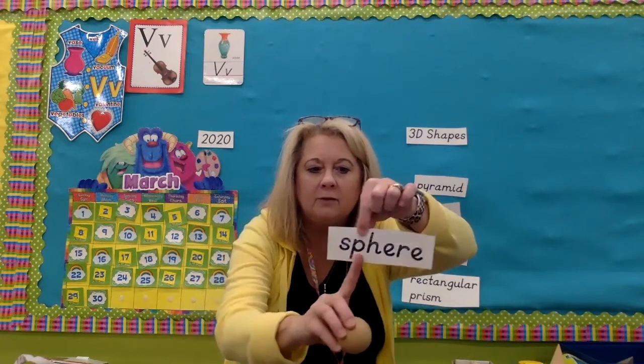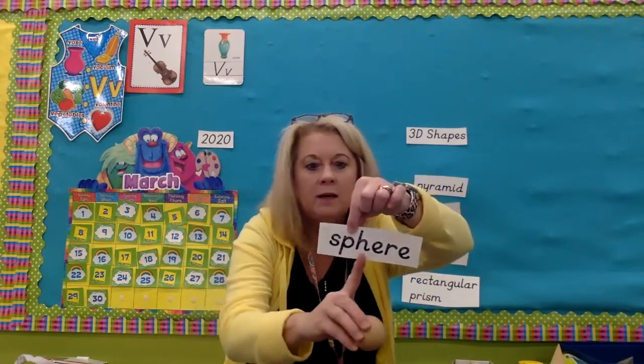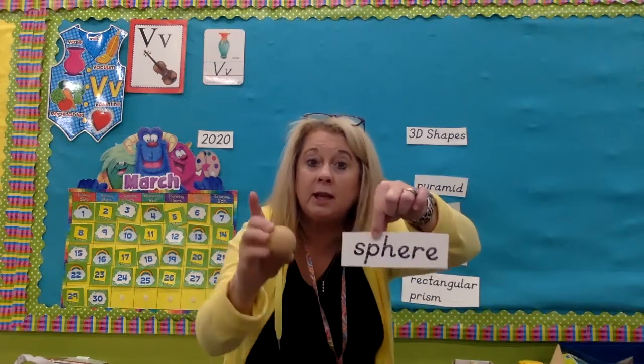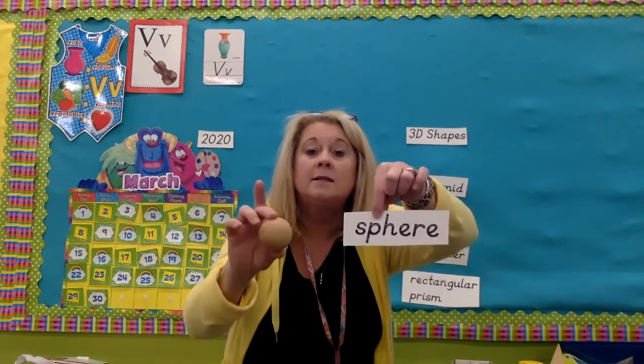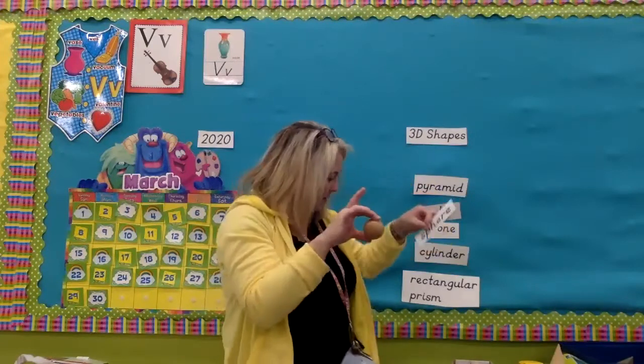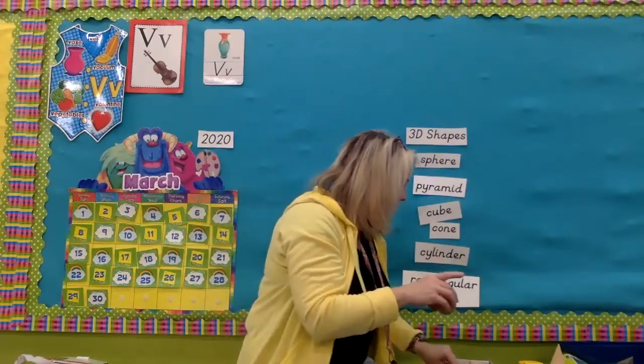It's got the F sound in it. It doesn't have an F in it, but the P and the H together make the F sound. This is a sphere. I bet you can think of some things at your house that are shaped like a sphere.